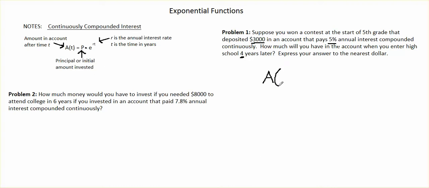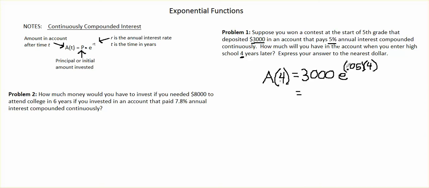The amount that we're going to have in the account after, okay, it's not T, it is 4 years. After 4 years is going to be our initial amount, our principal, which is $3,000, times our natural number e raised to the power of our interest rate as a decimal, multiplied by the number of years it's going to stay in the account.